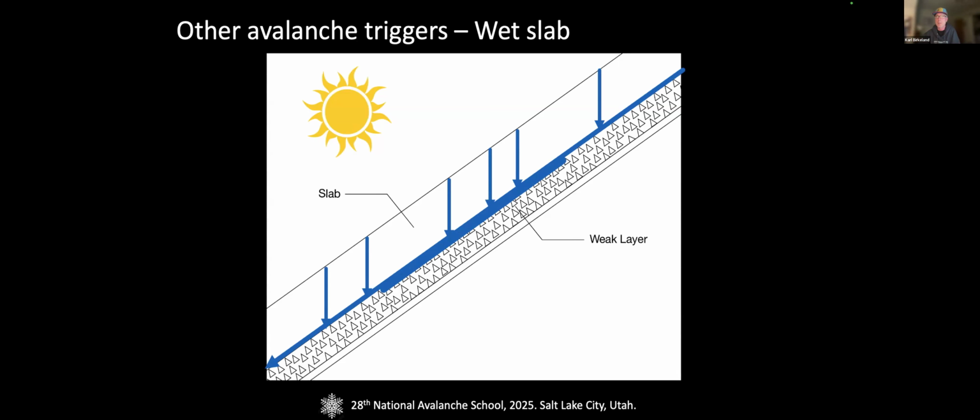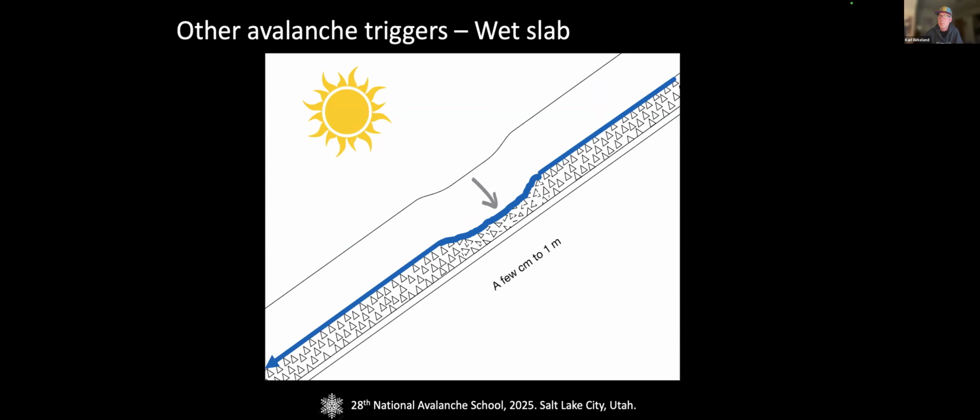That shortens the critical crack length. And the weak layer, that interface is going to become weaker. That also shortens the critical crack length. And at some point, if we bend that slab into an area where the weak layer is weaker, again, we're bending the slab, we're breaking the weak layer, and that avalanche release process begins.